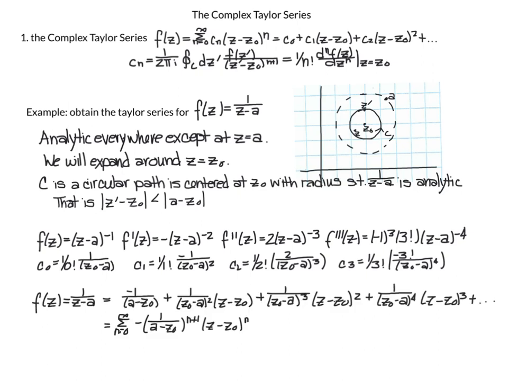And now that I have my coefficients, I can plug in to this formula here. So I have c0, which is my minus, 1 over 0 factorial is 1, so minus 1 over a minus z0.